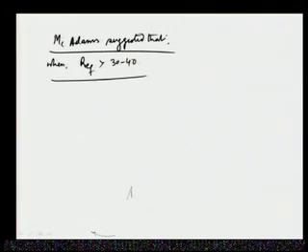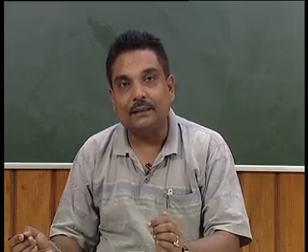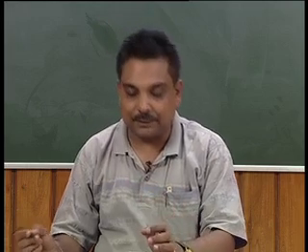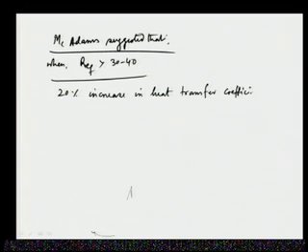And how does he say it? He just says that let the average heat transfer coefficient be increased by a lump sum amount, it is 20%. So, a 20% increase in heat transfer coefficient is recommended.